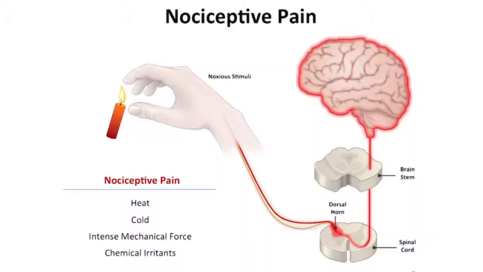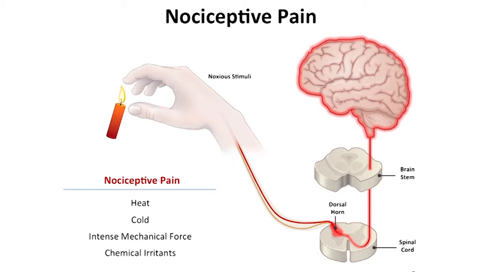This particular slide now just illustrates the way in which a peripheral stimulus acting on the nociceptors through the protein transducers results in the activation of nerve fibers which carry action potentials from the periphery to the central nervous system, eventually to those parts of the brain which lead to the conscious awareness of a noxious stimulus, that unpleasant sensation that we feel as pain.